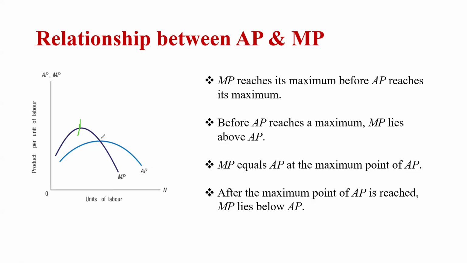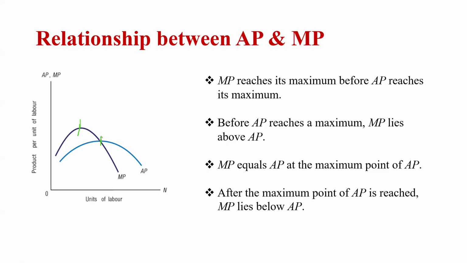And then marginal product and average product intersect here, where AP, my average product, is at its maximum. You can see that at this point AP is at its maximum, and marginal product is intersecting. Remember what we said with this point, where MP and AP are equal, average product will be maximized. So they're equal here.